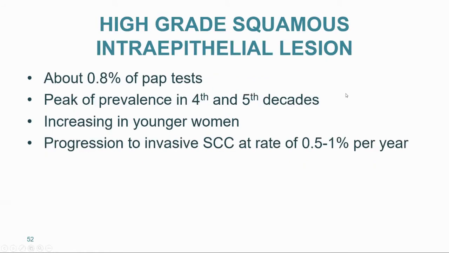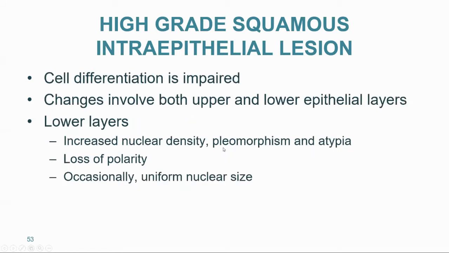High-grade squamous intraepithelial lesions are also prevalent in reproductive age women, slightly older on average when we compare them to low-grade lesions, and the incidence in younger women is increasing in most societies. The hallmark of an HSIL, or high-grade squamous intraepithelial lesion, as I briefly mentioned before, is the significant impairment in cell differentiation and maturation of the squamous epithelium.